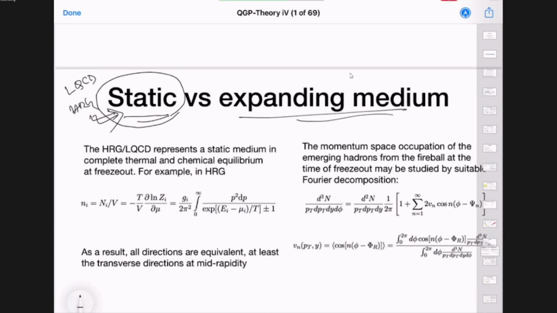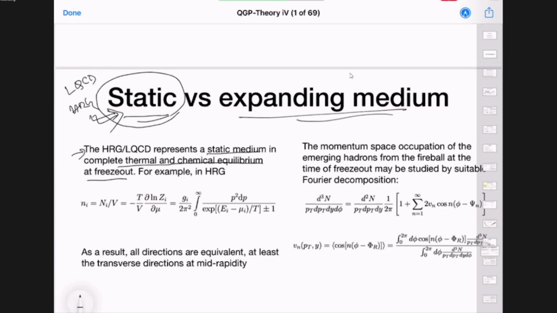It's just a QCD medium sitting quietly, and in some way we can change its temperature or vary the chemical potential, and ask in those different thermodynamic states what phase the medium will be in. That has been mainly the question. So the hadron resonance gas or the lattice QCD represents a static medium in complete thermal and chemical equilibrium. And then we try to make contact with the freeze-out.